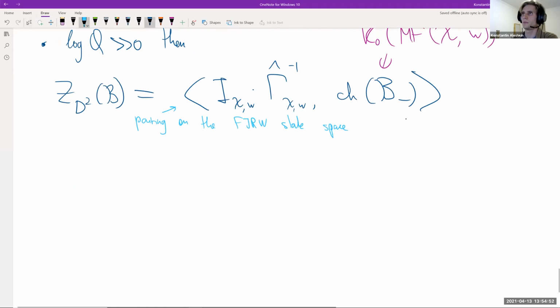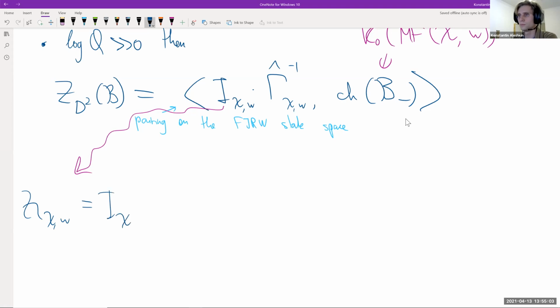And again, this is a simpler version of an I function.